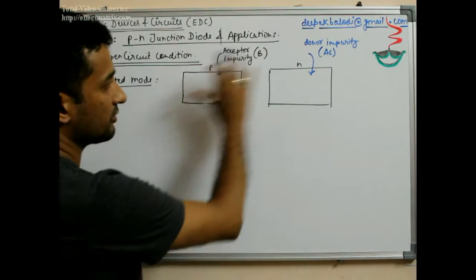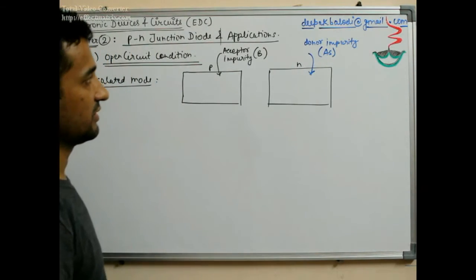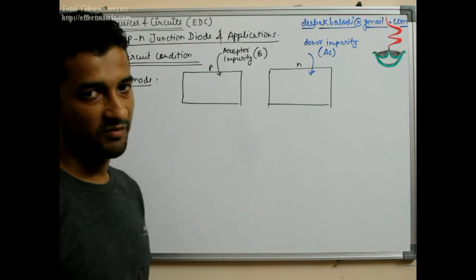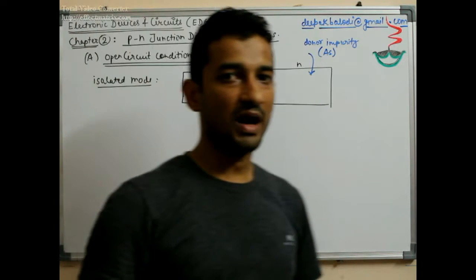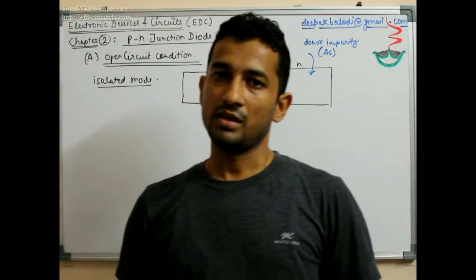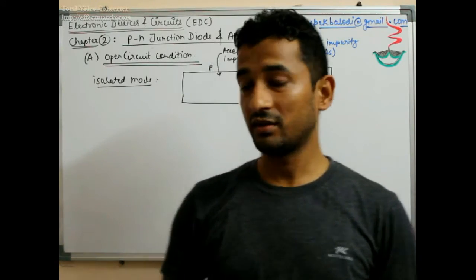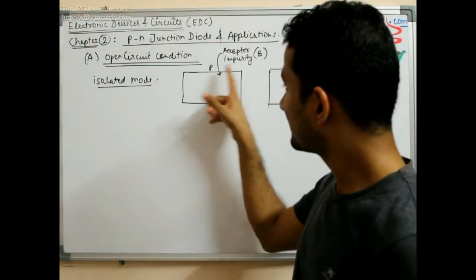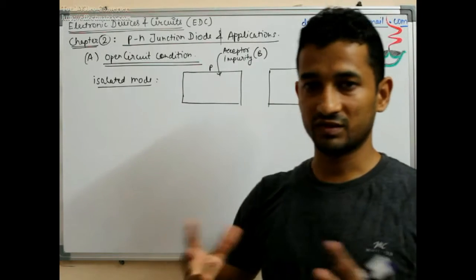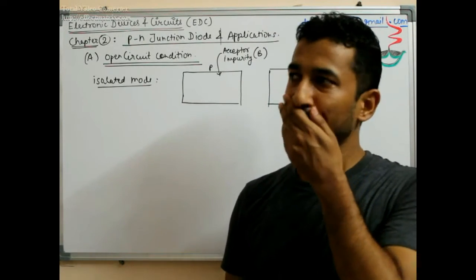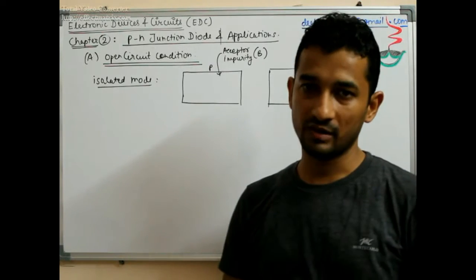So how do they look? When there is an acceptor impurity in a P type material, we should very clearly know that when it was pure, when it was intrinsic, the whole intrinsic silicon, either this side or this side, was the same, governed by the pure silicon atom, and ideally there was no impurity.